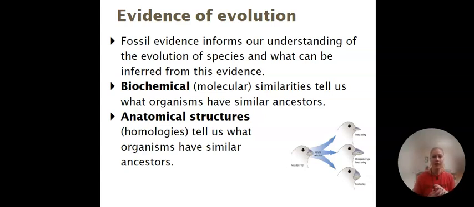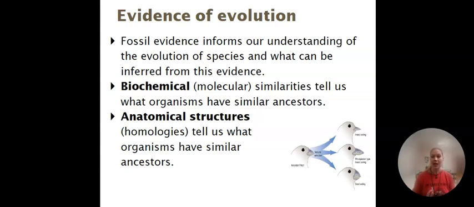Biochemical evidence looks at molecules, so either an amino acid sequence or a DNA sequence. This is fairly new technology, but it is very accurate. If we take a DNA sample and compare it to a currently living bird, and then maybe a fossil that we found, we can see whether they are closely or distantly related.